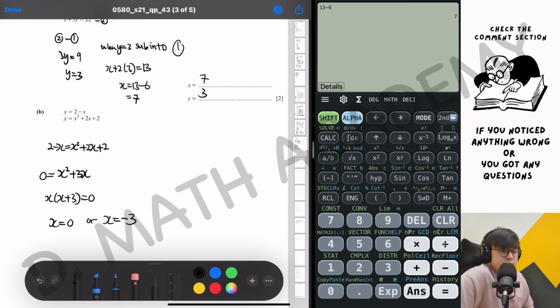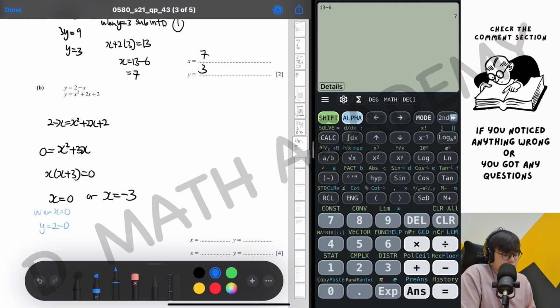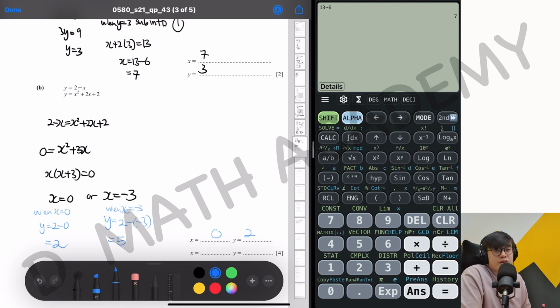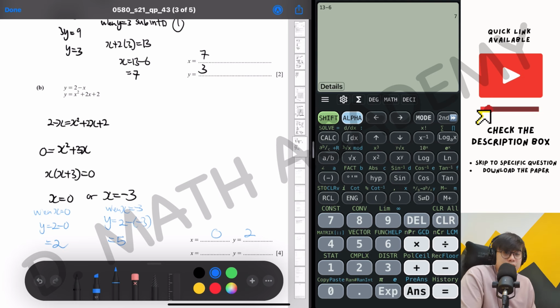So with this 0 and negative 3, you can then proceed and find their y here. When x equals 0, y equals 2 minus 0, so y should be 2. So one of the points will be (0, 2), and the other one will be y equals 5 instead. So your final answer, (-3, 5).